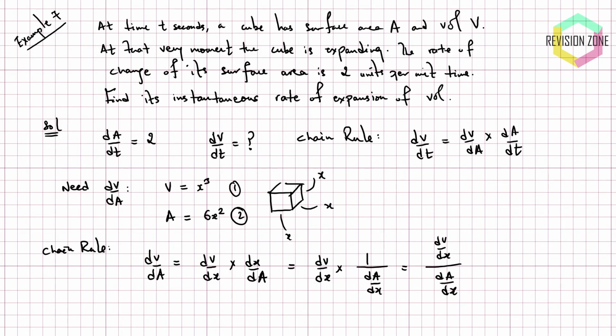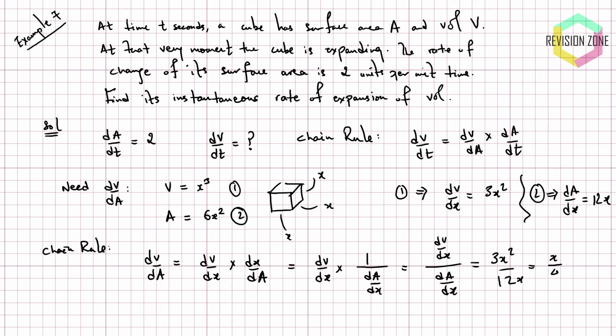So now this is very straightforward, because from our equation 1, we can say that dV by dx is just going to be 3x squared. And from equation 2, we can say that dA by dx is just going to be 12x. So we can put these in. We say 3x squared over 12x, which gives us x over 4.